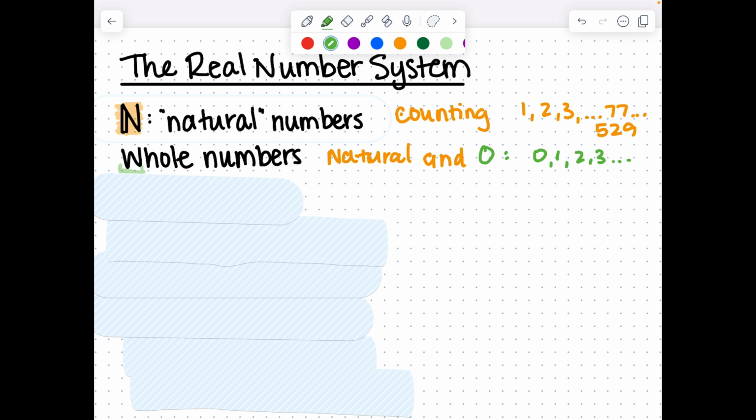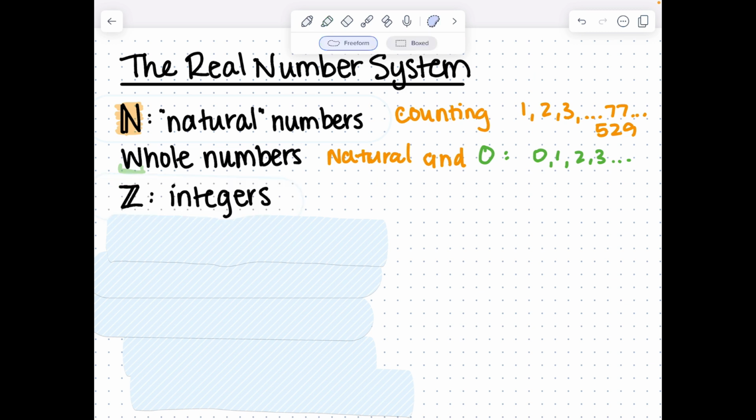Then you get into about middle school, and you learn that we can use negative numbers to represent taking away or being less than 0. And then we now have integers. And we give them this fun Z as their little label that represents the set of all integers.